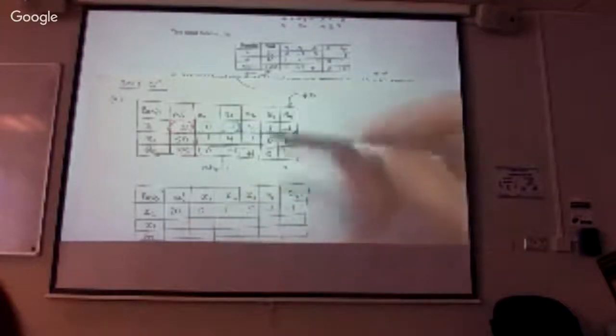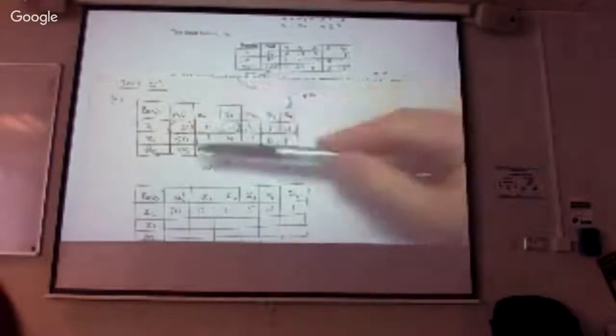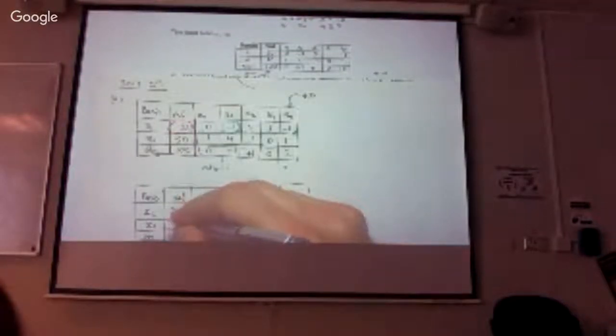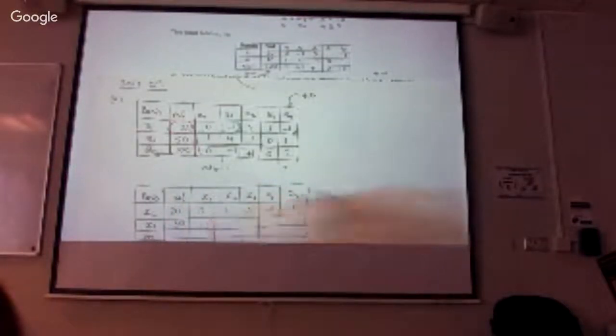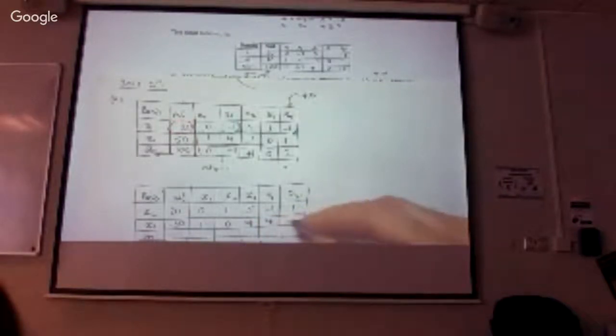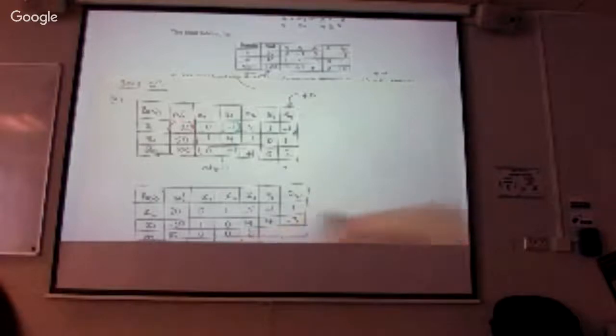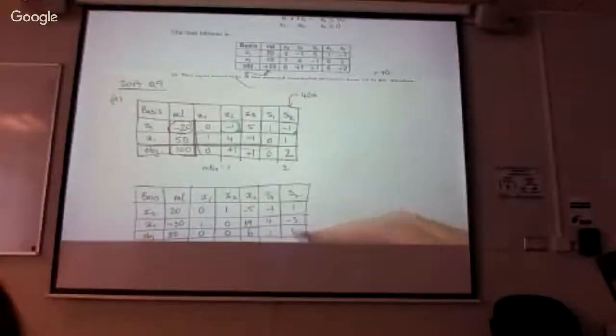Now, 4 times this row added to this row is -30, 1, 0, 19, -3, 80, 0, 6, 1, 1.